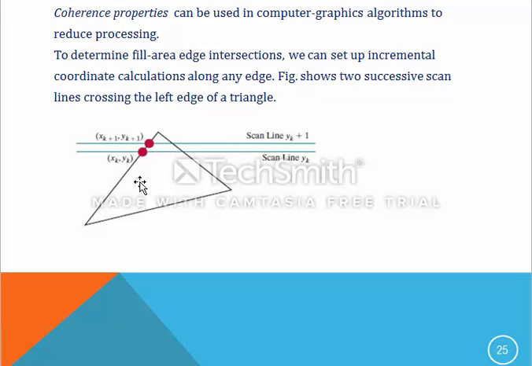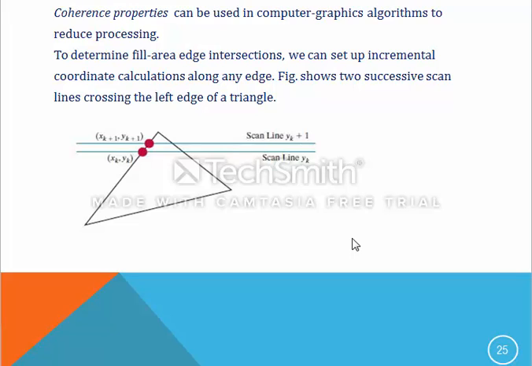In a sequential fill algorithm, the increment of x values by the amount 1/m along an edge can be accomplished with integer operations by recalling that the slope m is the ratio of 2 integers, where m is delta y by delta x, where delta x and delta y are the differences between the edge endpoint x and y coordinate values.